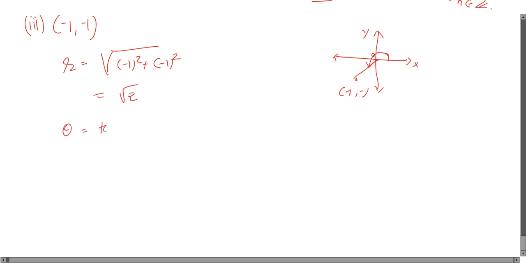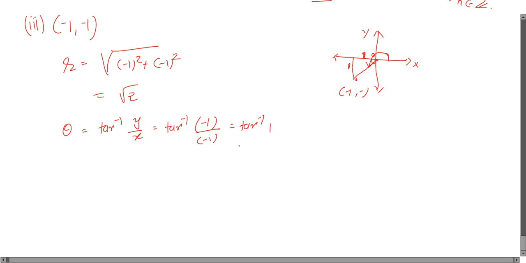And theta is tan inverse y by x, that is tan inverse (-1)/(-1), that is tan inverse 1. Here I am taking this angle, this is your y, that is 1, and this is 1. So tan inverse 1 by 1. So you are getting this angle theta.